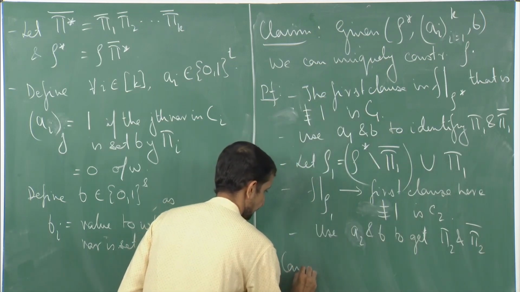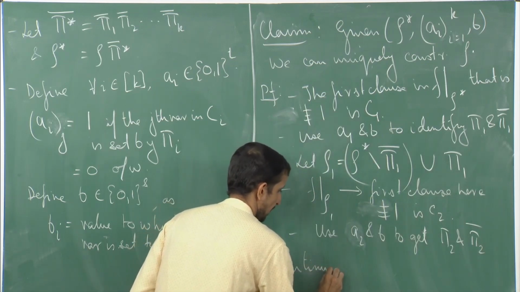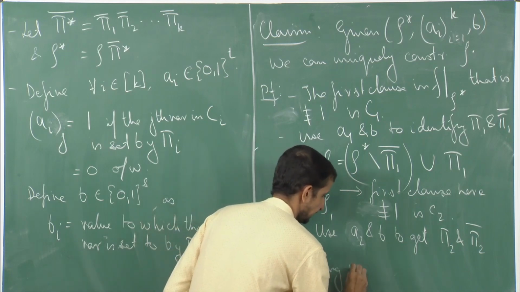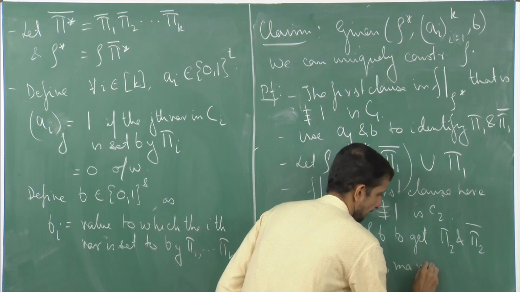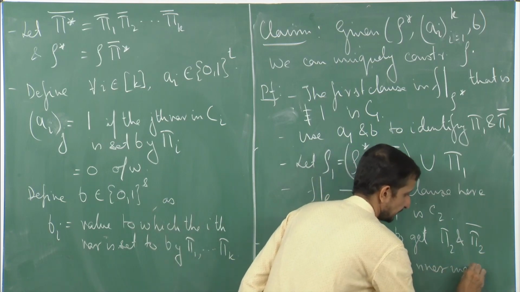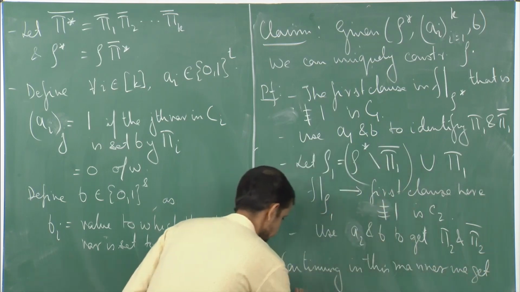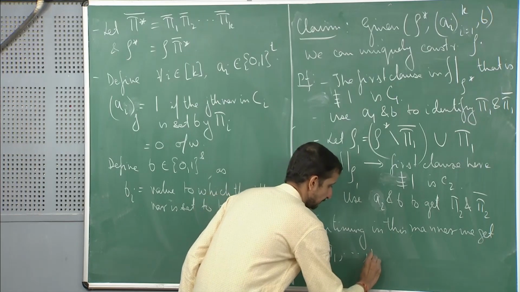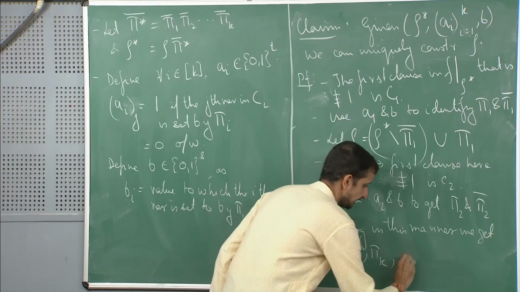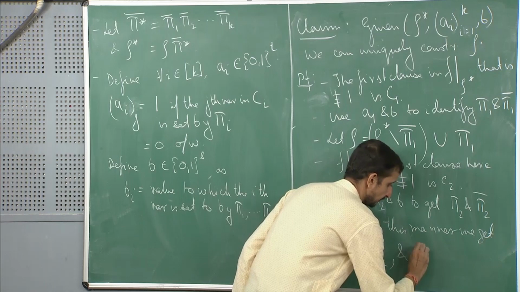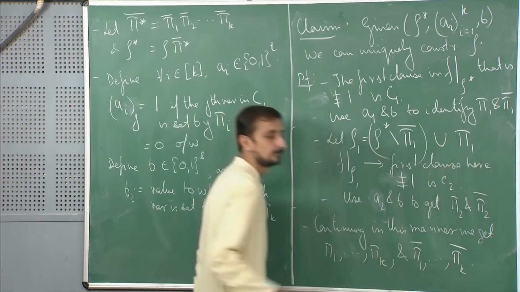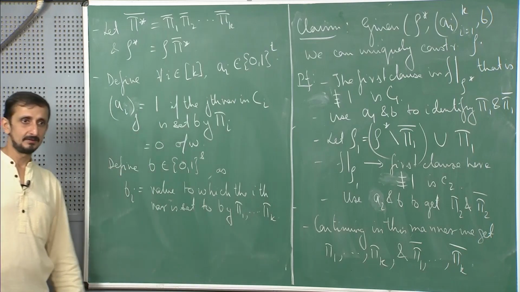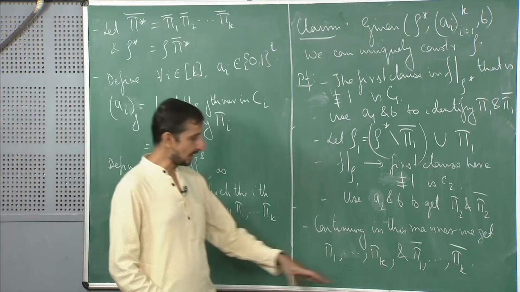Now, continuing in this manner, we get pi 1 up to pi k and pi 1 bar up to pi k bar. Okay.